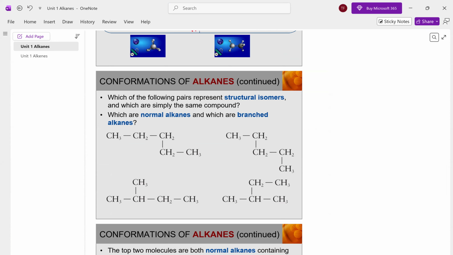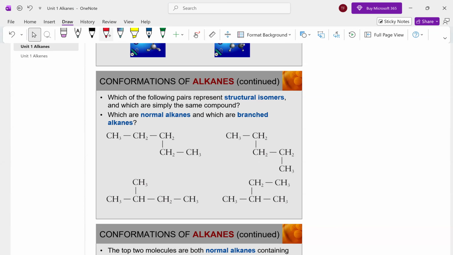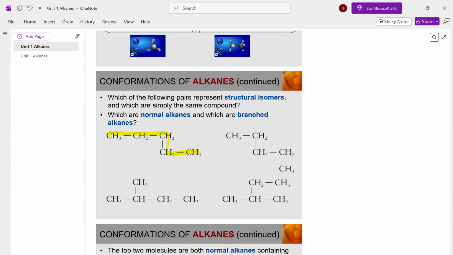Okay, so let's look at the top two. How many carbons are in the yellow backbone? 5, right?